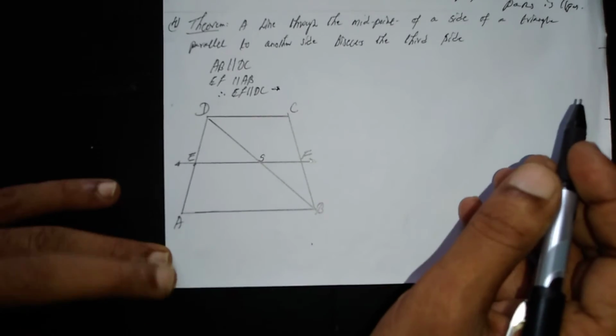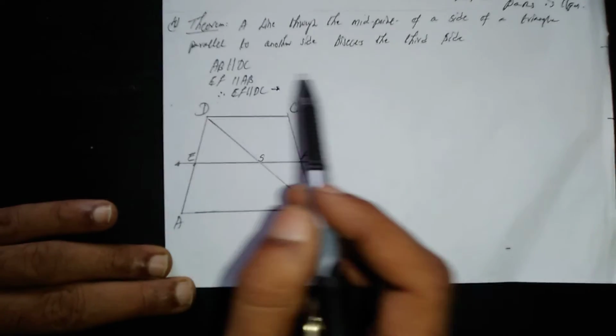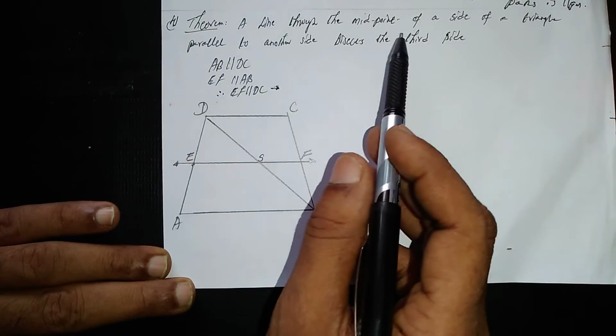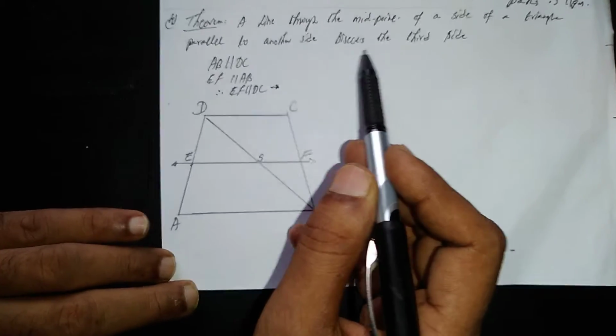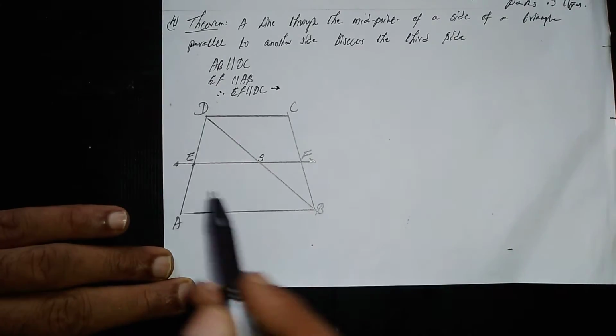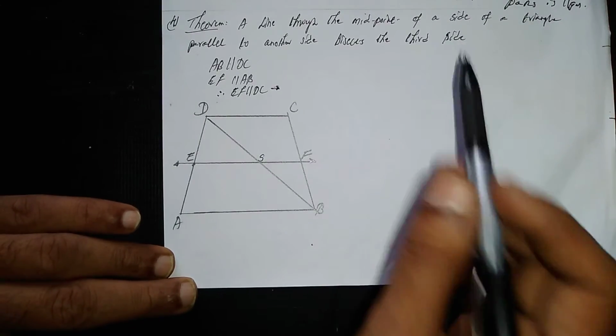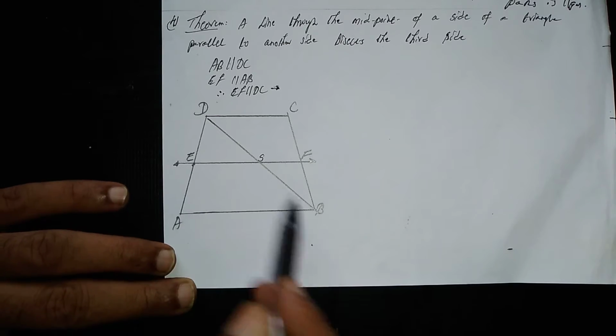So we know the theorem. The theorem states: a line through the midpoint of a side of a triangle parallel to another side bisects the third side. Now let us take triangle ABD.